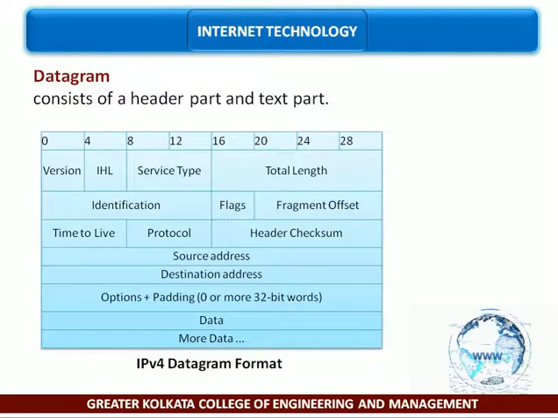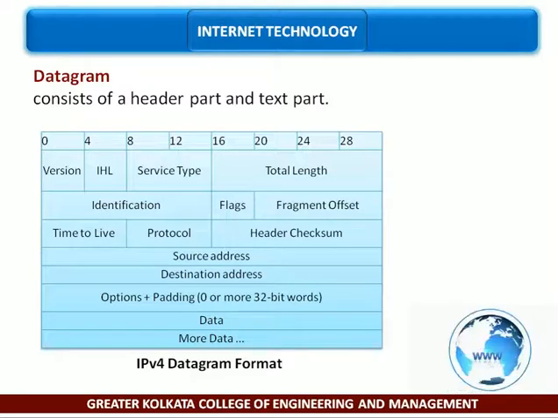Next we will learn about the IP datagram. An IP datagram consists of a header, and this is the format of an IP datagram. A datagram is similar to a packet but does not require confirmation. Datagrams are also called IP datagrams since they are used by the Internet Protocol.